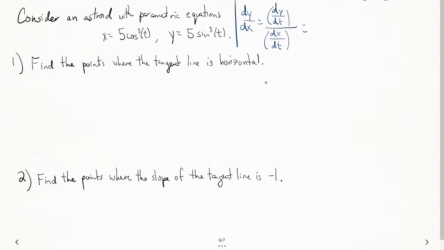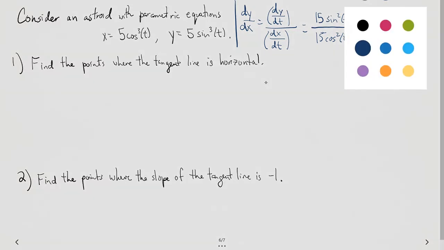We have y equals 5 sine cubed t, so that means this should be 15 sine squared t times the derivative of the inside, which is the derivative of sine t, cosine t. In the denominator, we'll get 15 cosine squared t, times the derivative of cosine t, which is negative sine t.